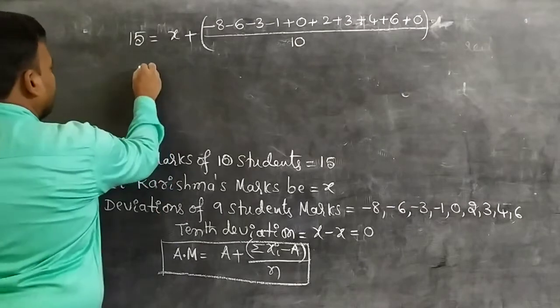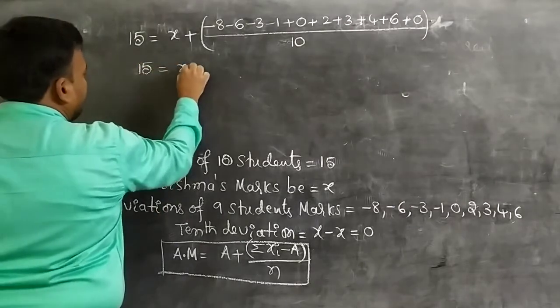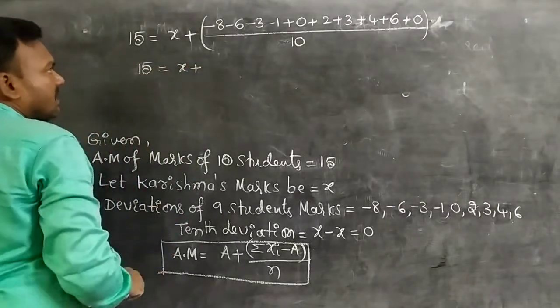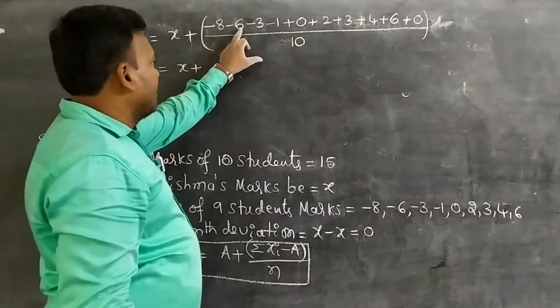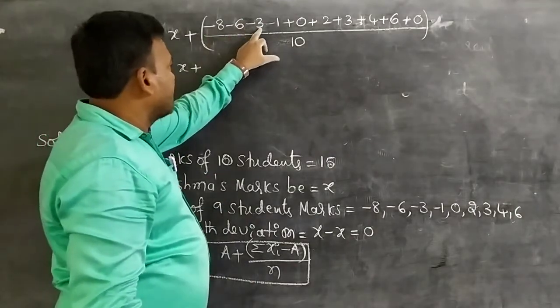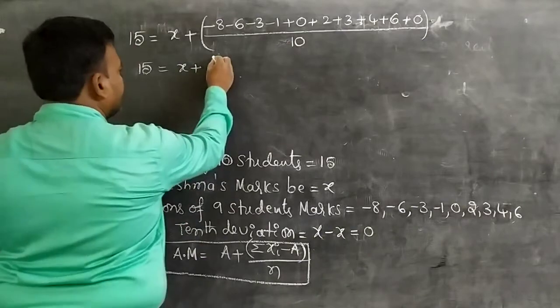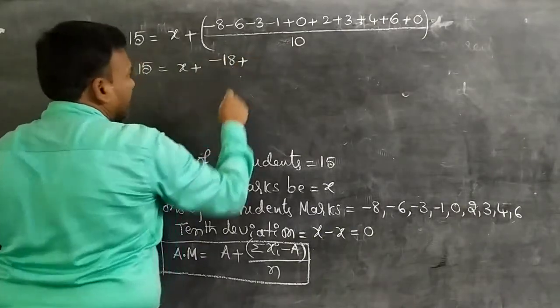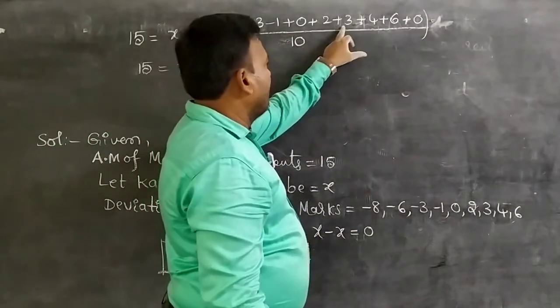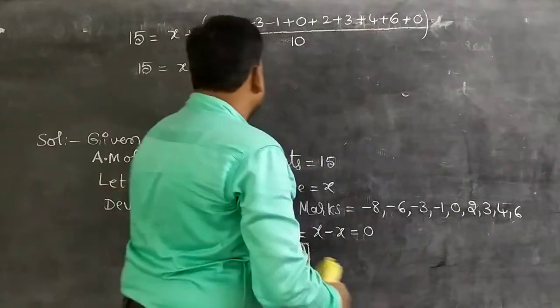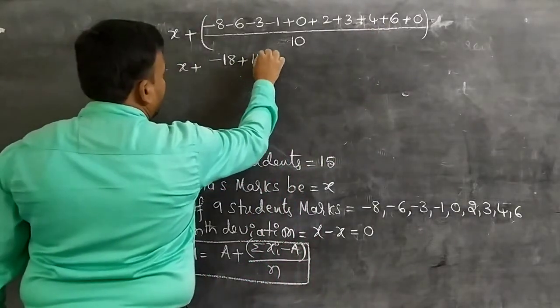Right? Which implies 15 equal to X plus, first negative values are taken: minus 8, minus 6, minus 14, minus 17, minus 18. Minus 18 plus positive values 5, 9, 15, by 10.